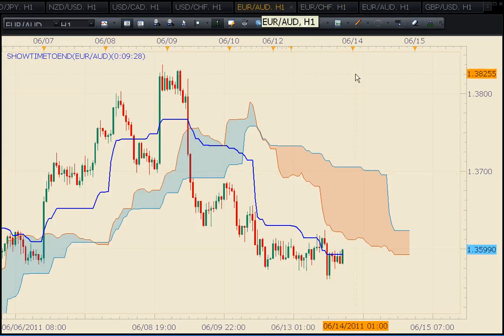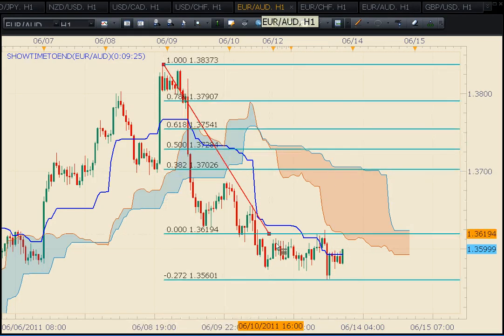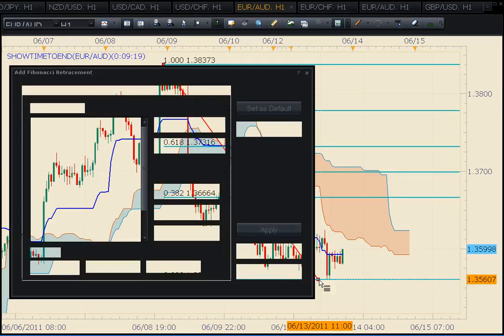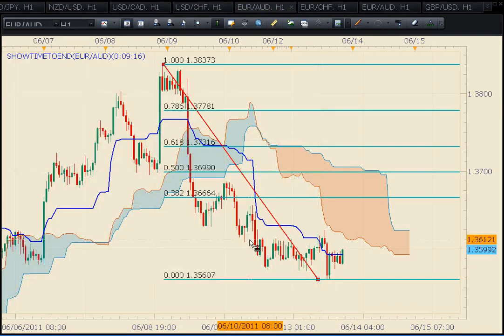Okay, this is another chart. Let's draw this move that's in progress now from here to the lowest low. Okay, and now you see the 50% retracement pretty much even with this Kumo top right here. And then your 61.8 right on the top.